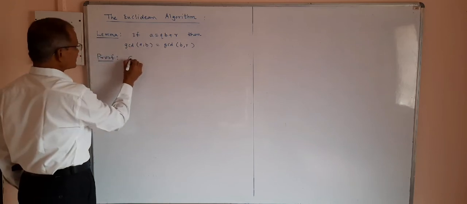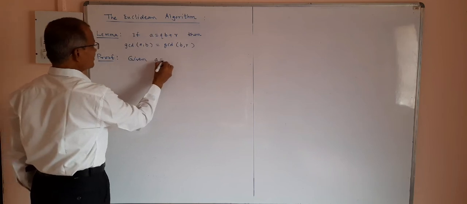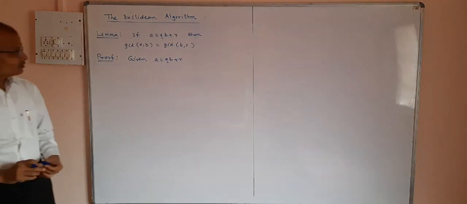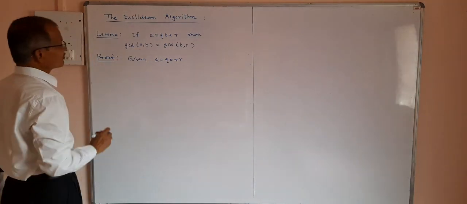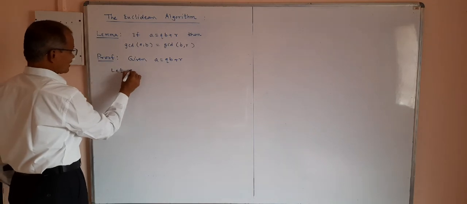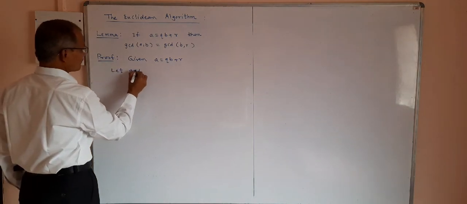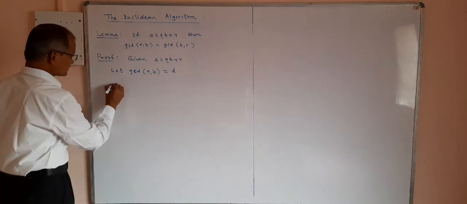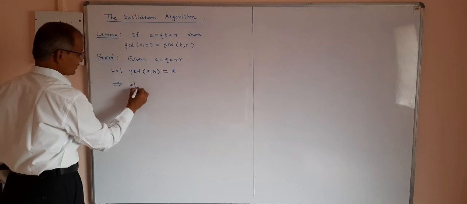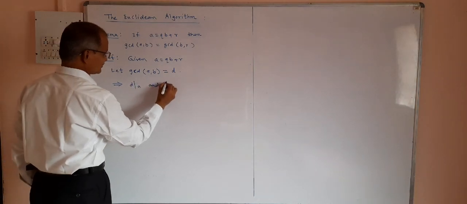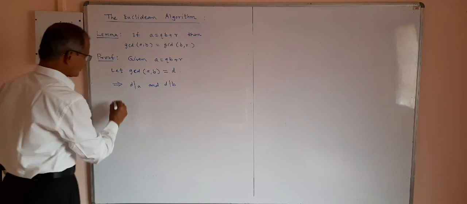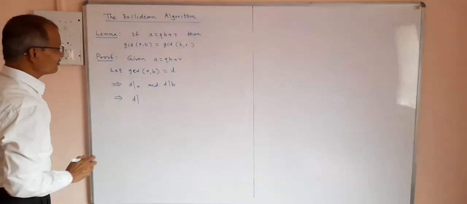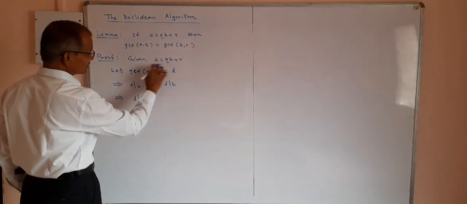So given A is equal to QB plus R, let the GCD of A, B be equal to D. So this implies D divides A and D divides B. So this will imply D divides a combination of A and B, and the combination of A and B we shall consider as A minus QB.